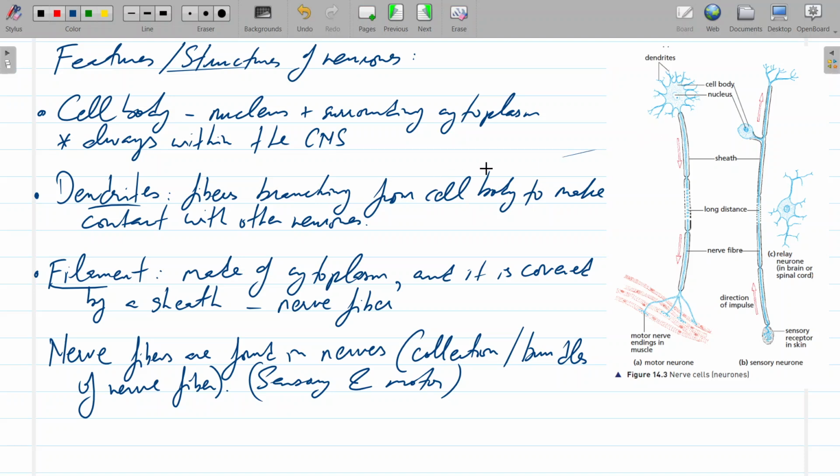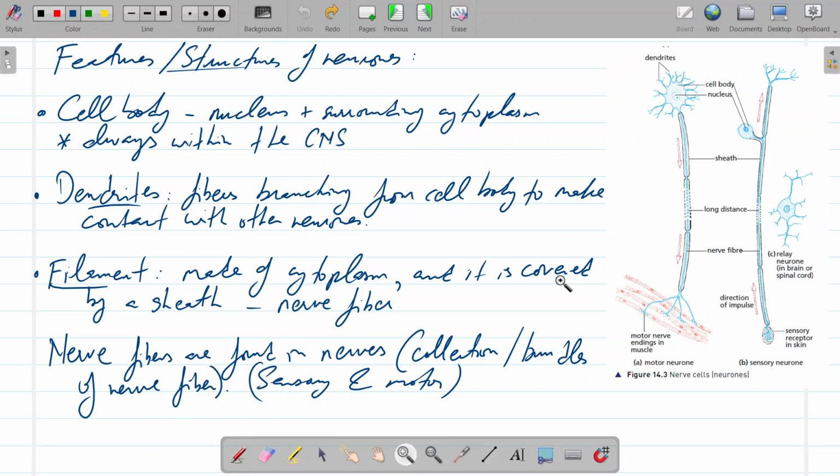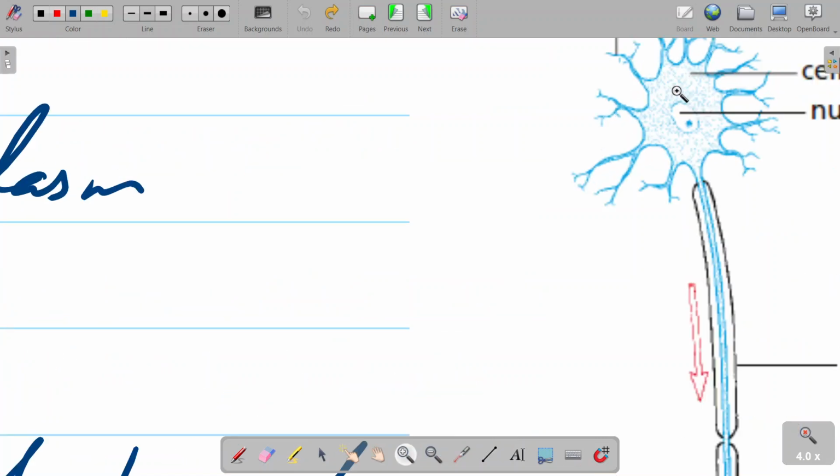This is where the neurons are making connections. So each one of these has a different synapse. So 1, 2, 3, 4, 5, 6, 7, 8, 9, 10. Each one of these is a synapse.